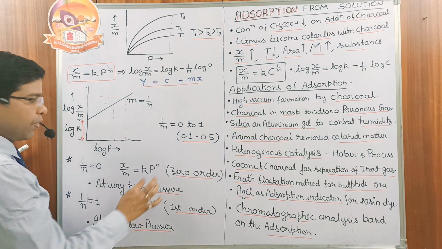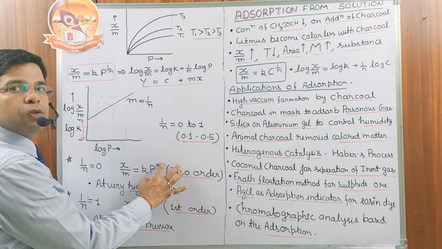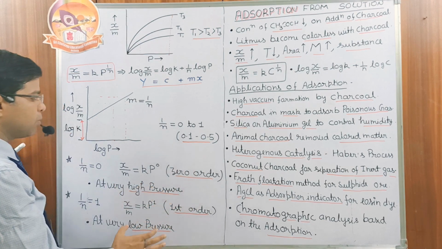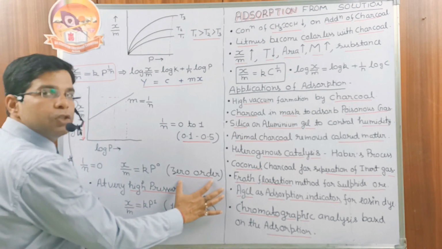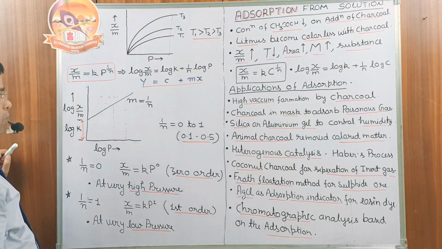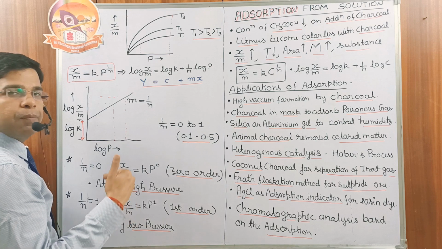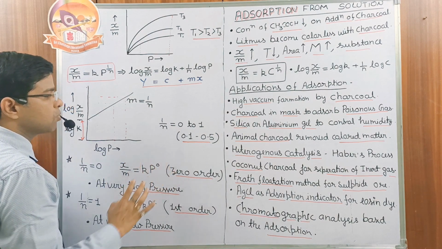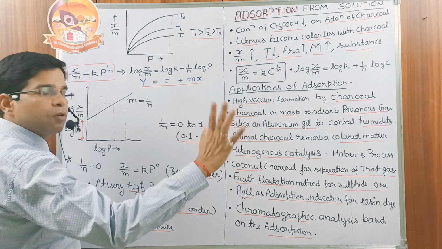That becomes zero order kinetics. It means we need to remember that at very high pressure adsorption follows zero order kinetics. Whatever the pressure may be, adsorption does not depend upon the pressure, it becomes independent of the pressure.